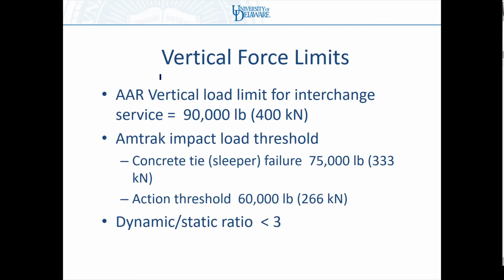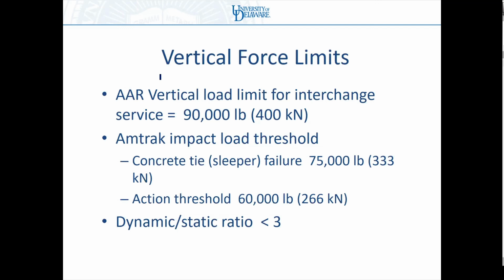The industry has moved very aggressively towards putting limits on vertical forces. So in addition to having traditional limits for the size of the defect, so let's say you have a wheel flat that's limited to 75 millimeters or 100 millimeters, or you have an engine burn that's limited to 12 millimeters.